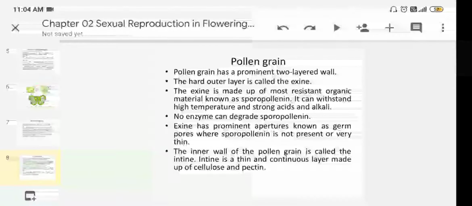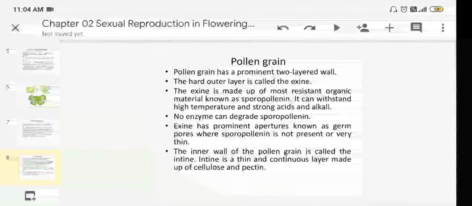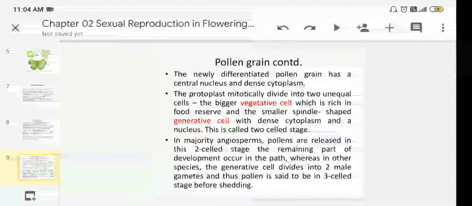Is it clear? The inner wall of the pollen grain is called the intine. Intine is a thin and continuous layer made up of cellulose and pectin. The newly differentiated pollen grain has a central nucleus and dense cytoplasm. The cellular details you will see in next slides. It will become very clear.